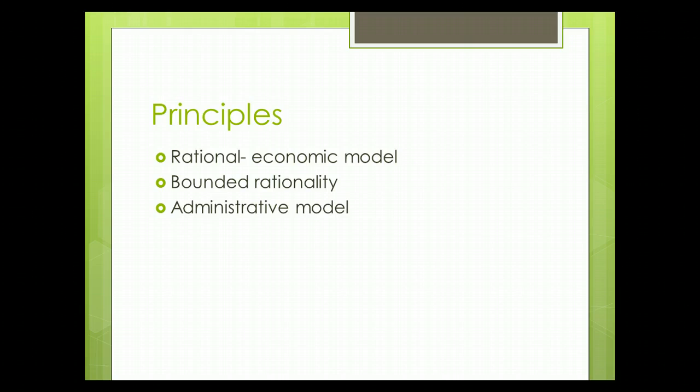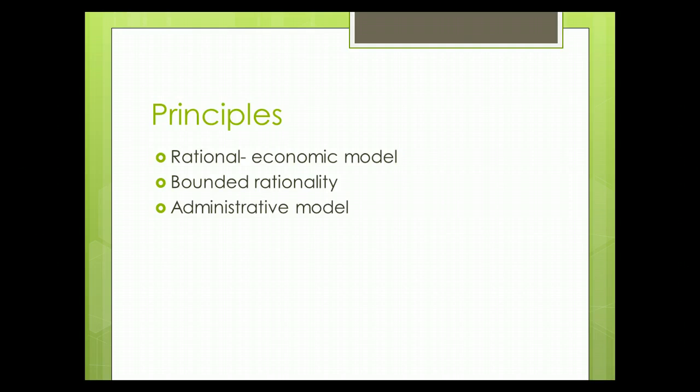So it's assuming that we've got all the information that we need to properly make a decision, and that we're logically processing that information, and that we're going to make a decision that's free of any biases. Now, we all know decisions don't necessarily get made that way. But that's what the rational economic model assumes, that we have all this information, we're processing it, and making decisions without bias.